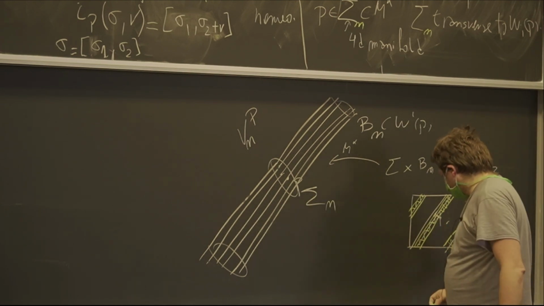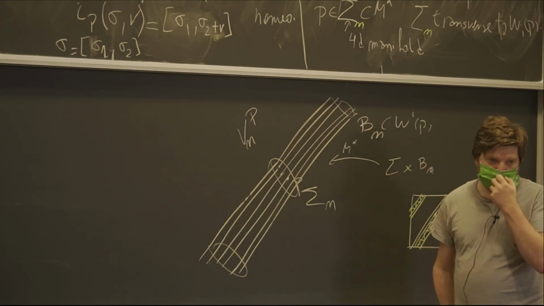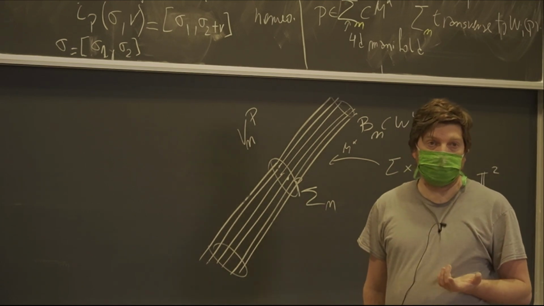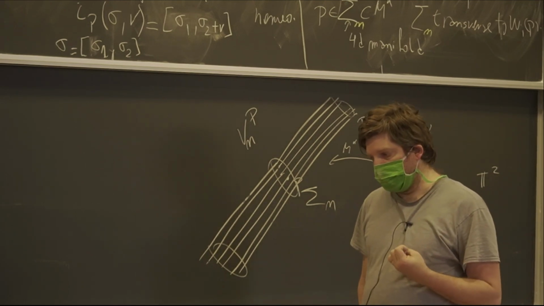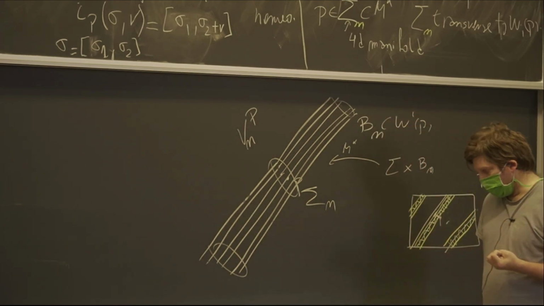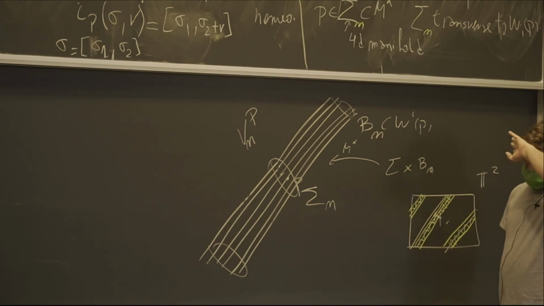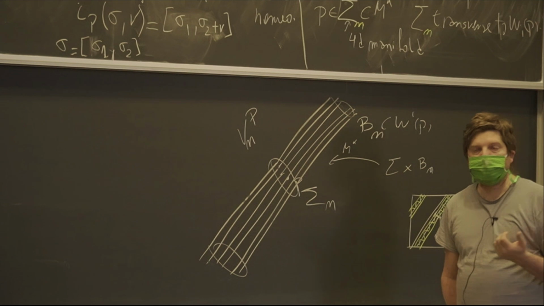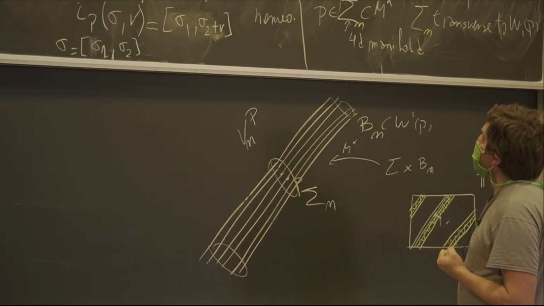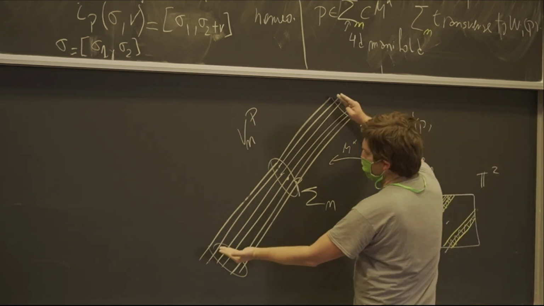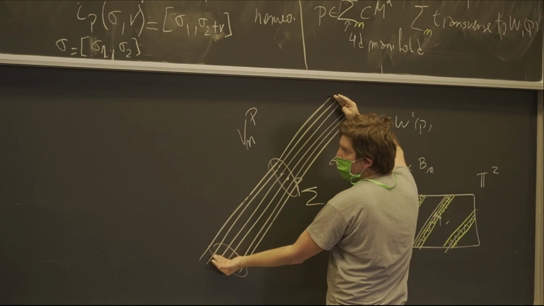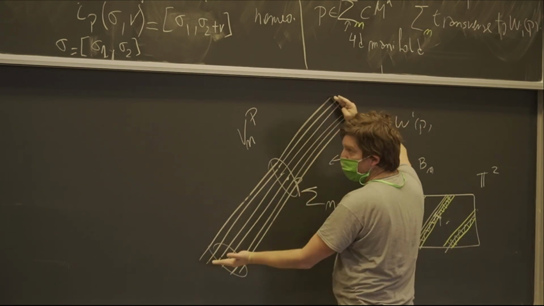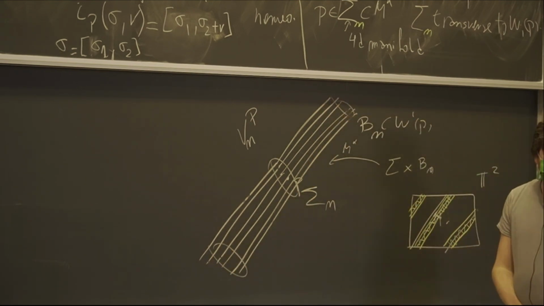Now, this is what I need to apply Rocklin lemma. So Rocklin lemma works for measurable partitions. And then if I restrict to these guys, I can apply Rocklin lemma to these guys there.